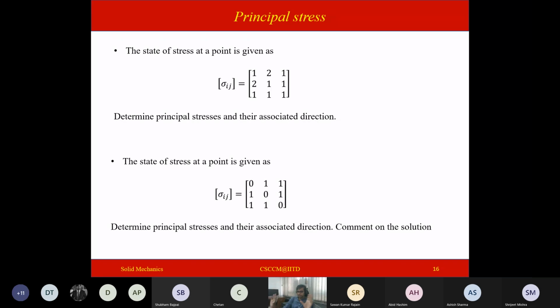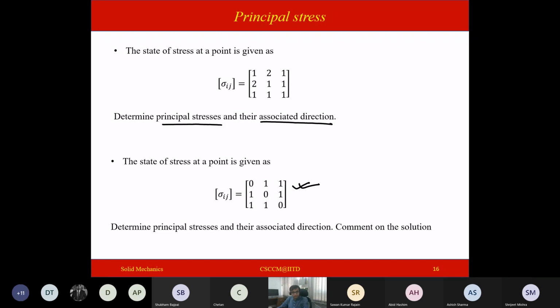This problem I will probably not be discussing; I will provide it to you as homework. But this is a problem I want to discuss. The state of stress at a point is given as this one, and what I want you to compute is the principal stresses and their associated directions. So it is like that.